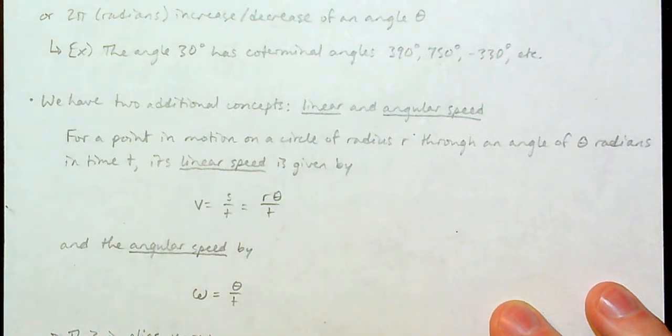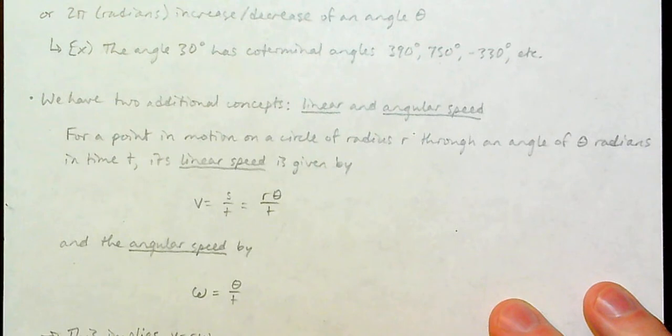If the circle has a radius r and the object makes an angle of radian measure theta in some time t, its linear speed is given by r times theta divided by t, and then the angular speed is given by theta divided by t.